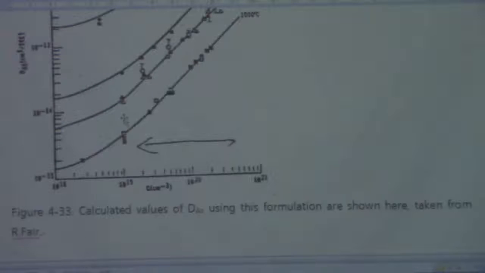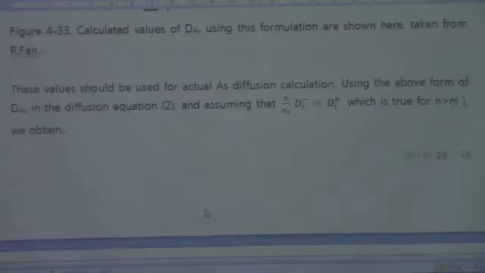And this is the experimental plot. It shows calculated values of the diffusion coefficient of arsenic, and these values should be used for the actual arsenic diffusion calculation, using the above form of the diffusion coefficient, assuming that the negatively charged vacancies are dominant.